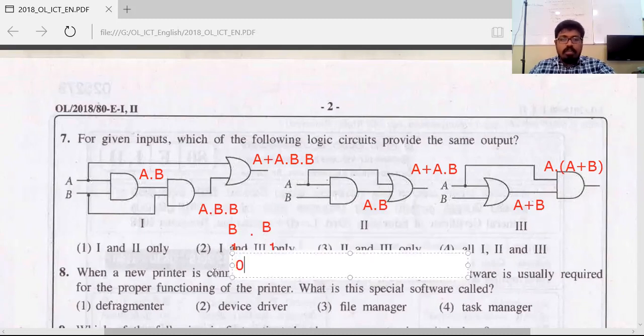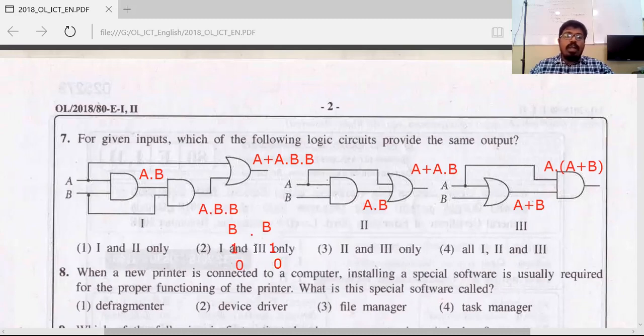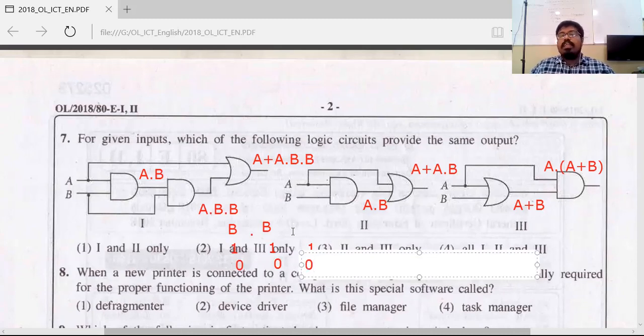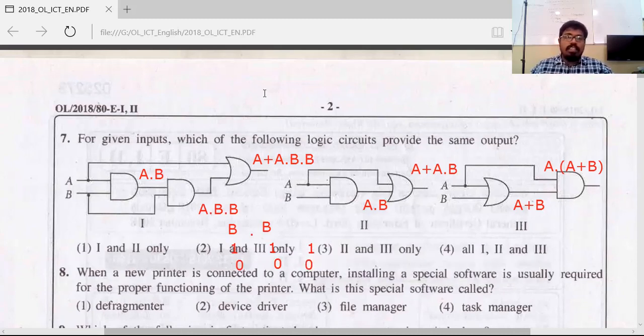If this is 0, this is 0. So 1 and 1 in AND gate, it will be 1. 0 and 0 in AND gate, it will be 0. So you can see B dot B will be equal to which one? B. Why? We can write B. B dot B, the output is equal to B. So I can remove this one.